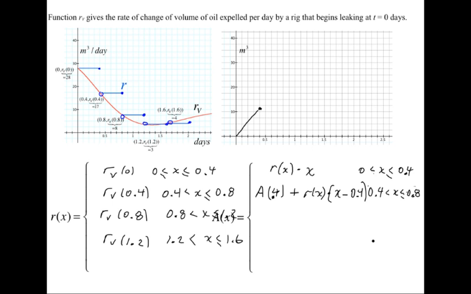So you have the starting value, which is how much oil you've accumulated from the previous interval, plus the change in accumulation, which is going to be the rate times the change in x. And the change in x in that interval is any given x in that interval minus the starting value of x in that interval. And what do we have? Again, we've seen this before. That's our line, our point slope form of the line.